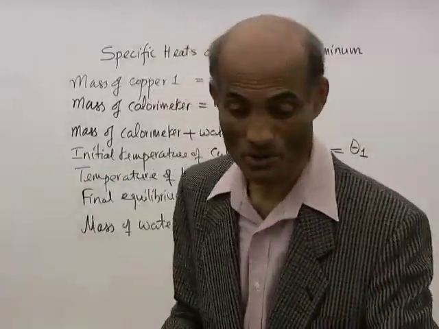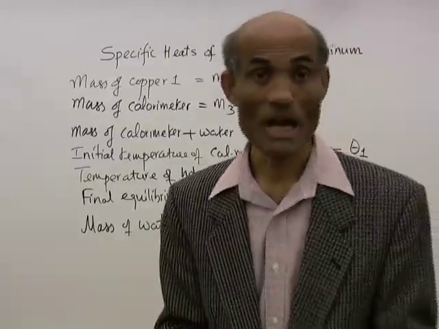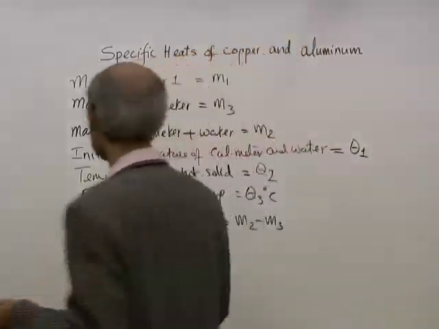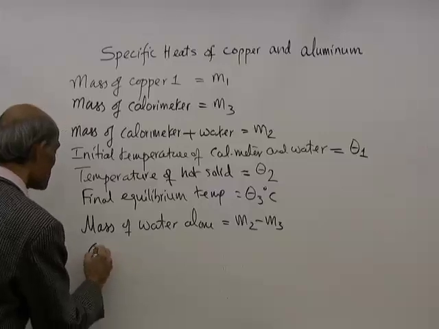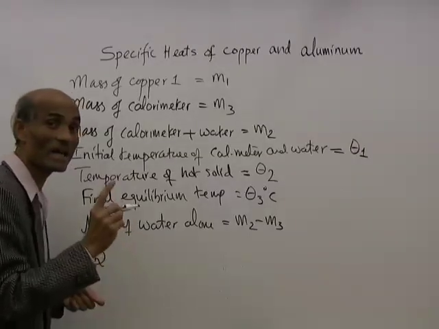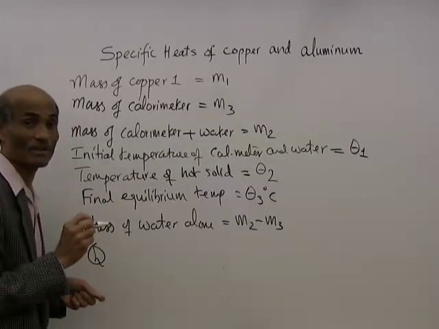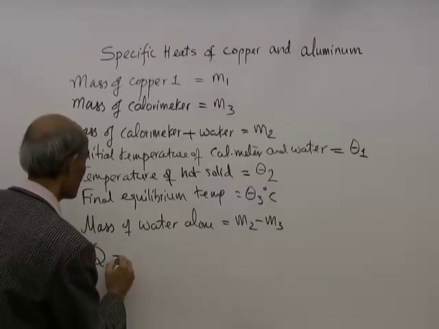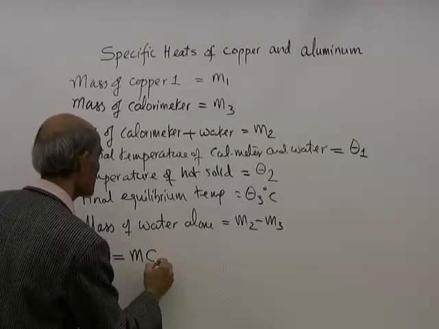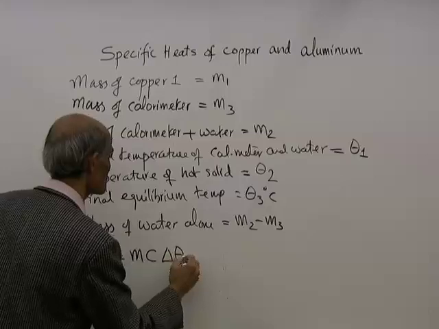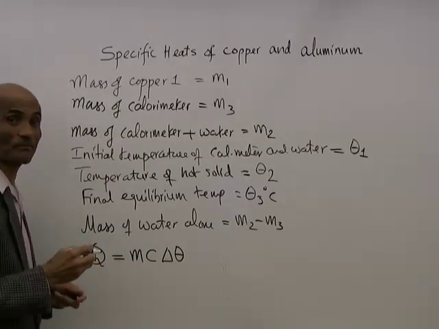That is the principle of method of mixtures. And you should also know from theory class that the quantity of heat gained or lost by an object is given by mass times specific heat times the change in temperature.